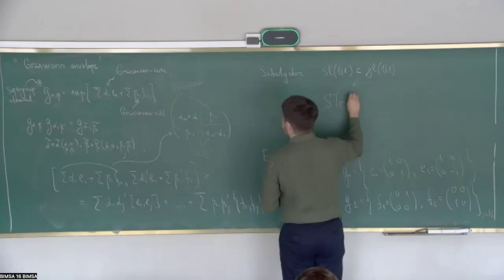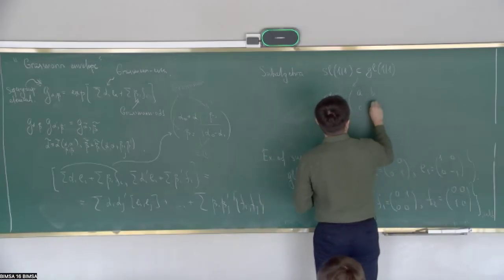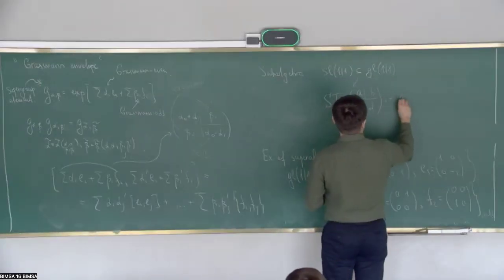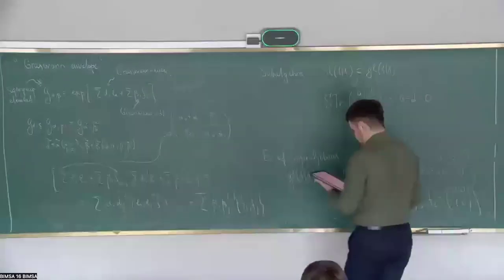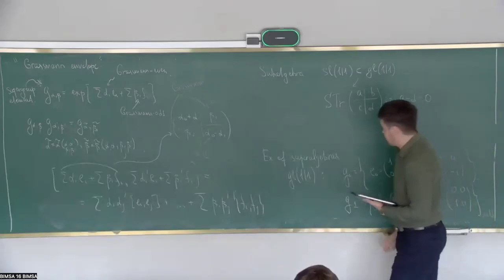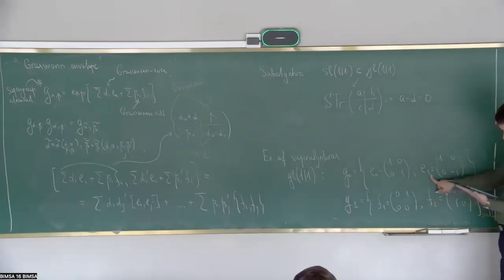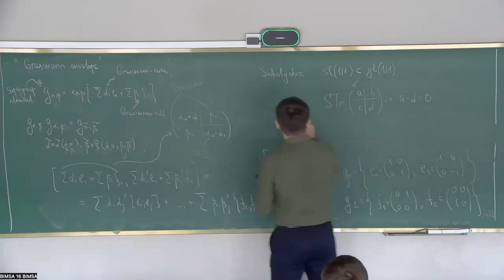The supertrace of the matrix (A B; C D) is by definition A minus D, and it is zero. So this tells us that D equals A. So actually only the generator E0 will survive. The generator E1 is not allowed.